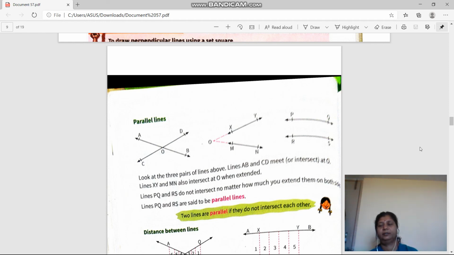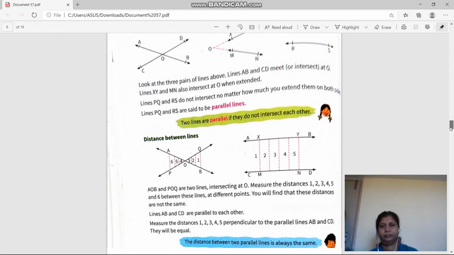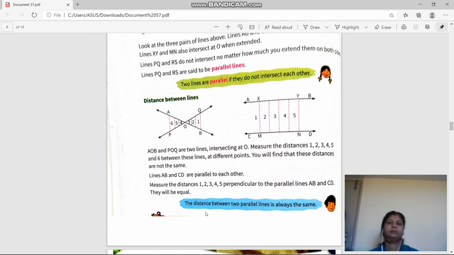Then next thing, the distance between two parallel lines is always the same. See here, these are intersecting lines and these are parallel lines. By observation you can tell that the distance between two lines is always the same in parallel lines.